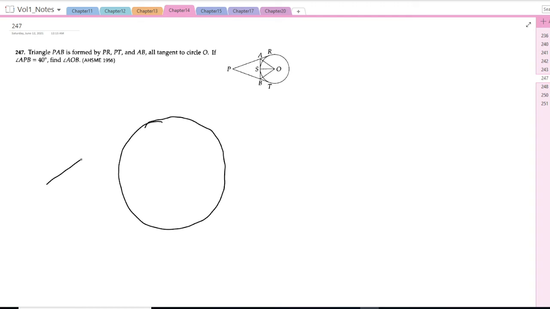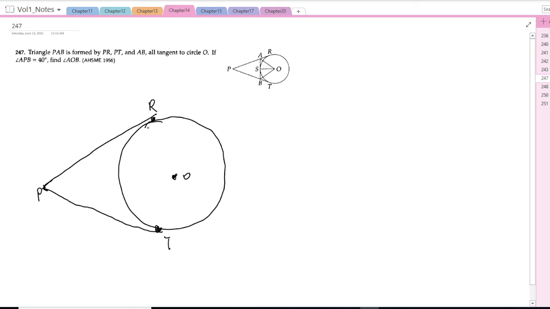This picture is not a good picture, because it draws too special an AB. Let me draw another picture and let's see. So we have PR and PT and the circle O. PR and PT are tangent to the circle O, right?